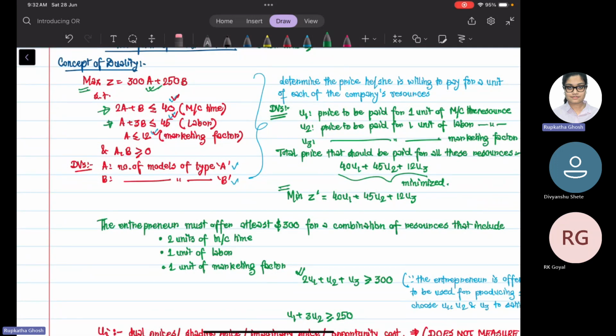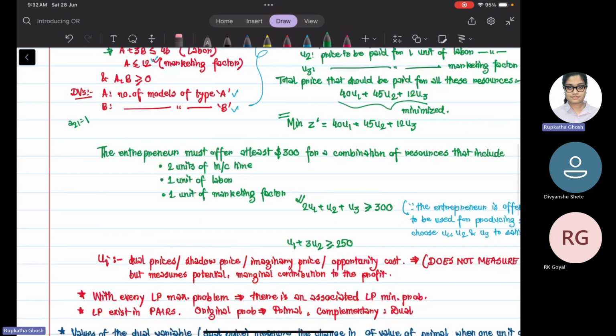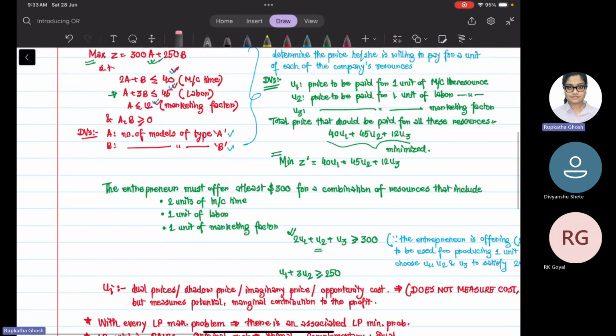A21 means coefficient of the second constraint of the first variable in your primal. So your A12 in the dual should be 1, the coefficient of the first constraint of the second variable in the dual. Don't go by the literature, just go by the concepts, you'll be fine, so that you are not confused.